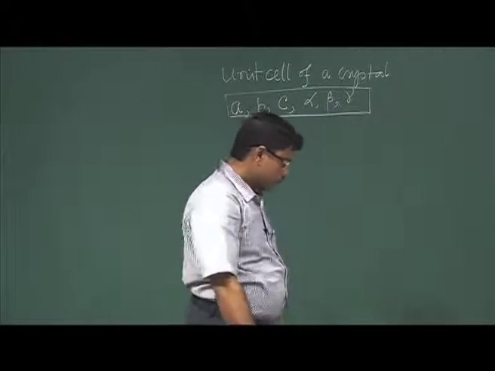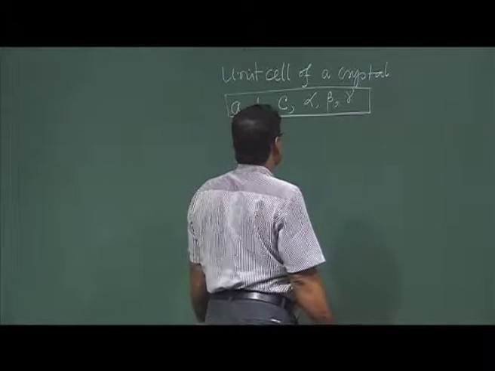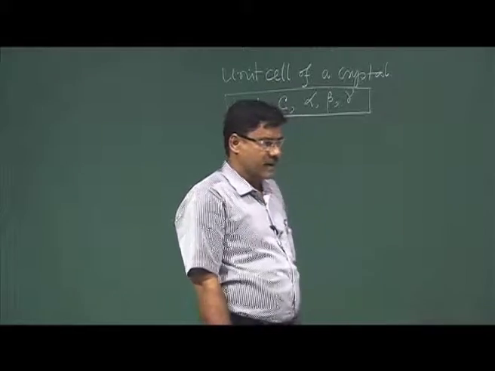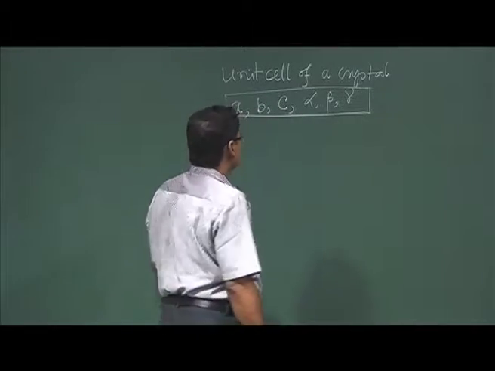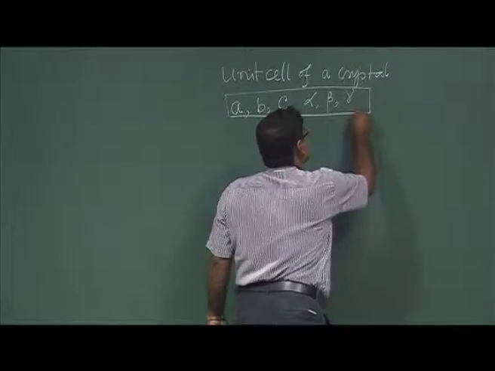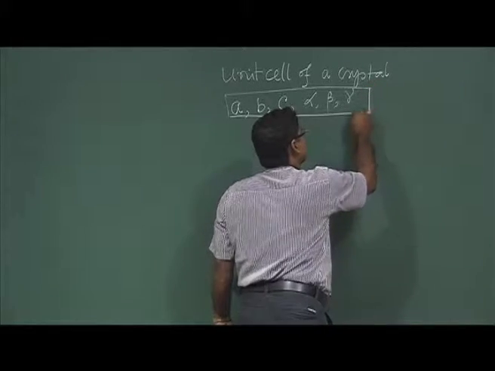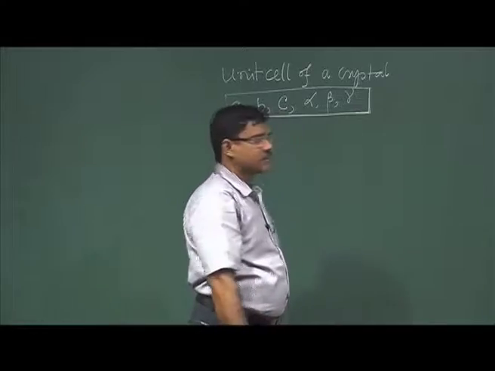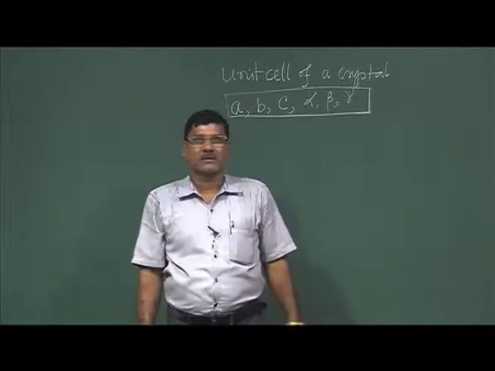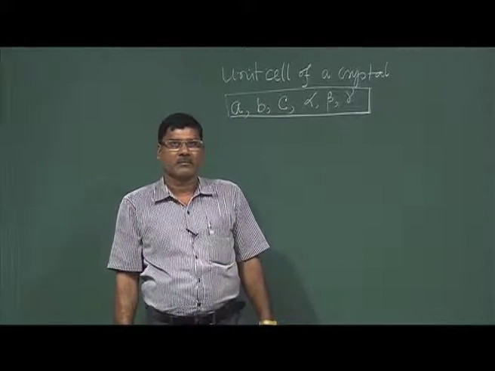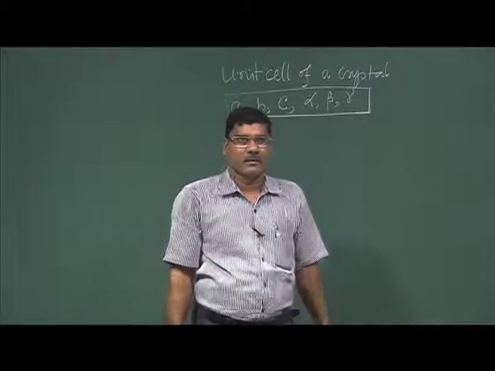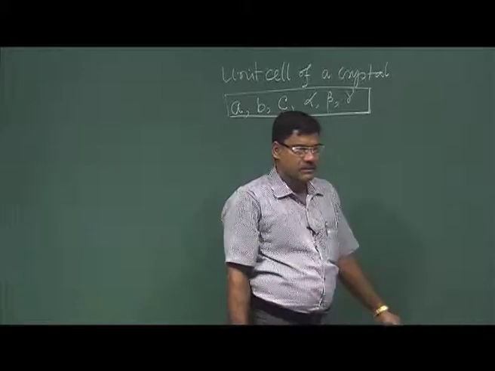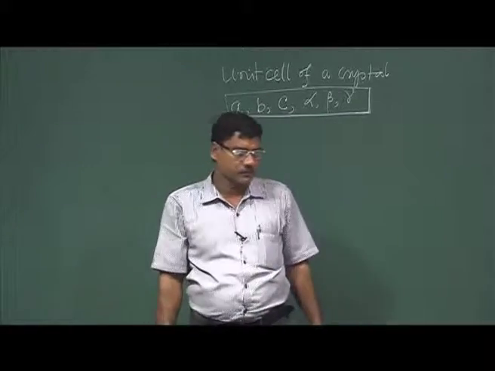So, now apart from the unit cell, we need some other parameters for studying the crystal structure. That is basically, there are different planes of the crystal, and how the planes are defined, how planes are given names. So, that we will see now.